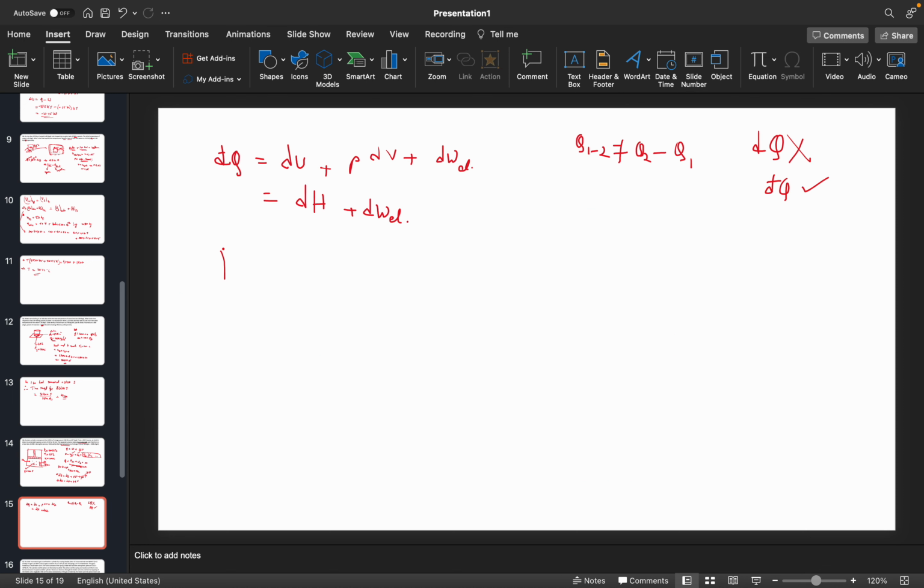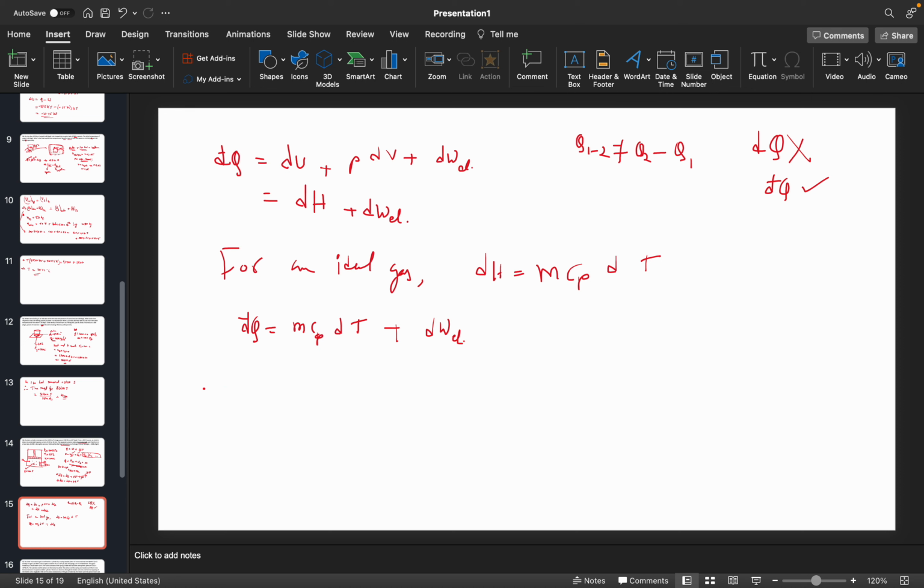And for an ideal gas, we can write dH = m Cp dT. So dQ = m Cp dT + dW_electrical.